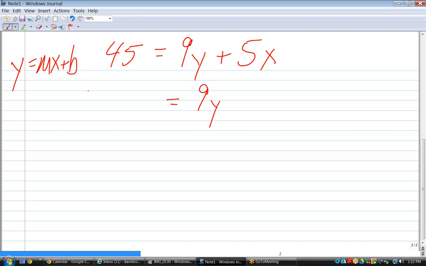We minus it, so it would be 45 minus 5x. Okay. But if we're trying to get it into mx plus b format, let's switch those two terms. Do you see where that's the same thing? Yes. Now what's the next step?